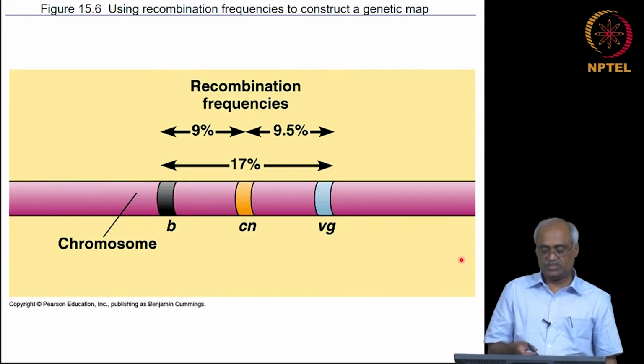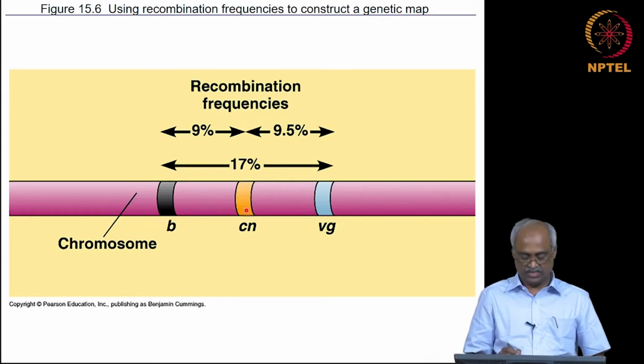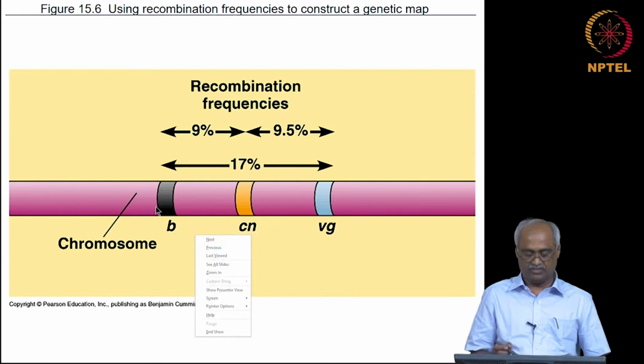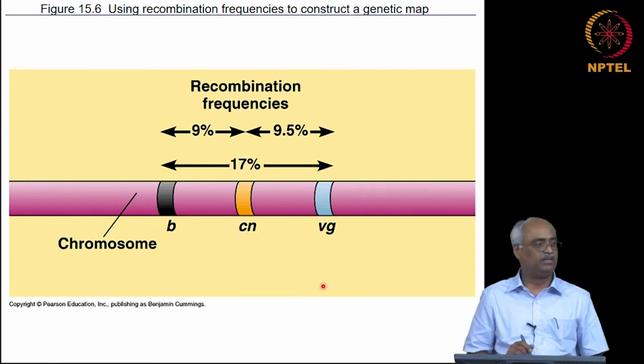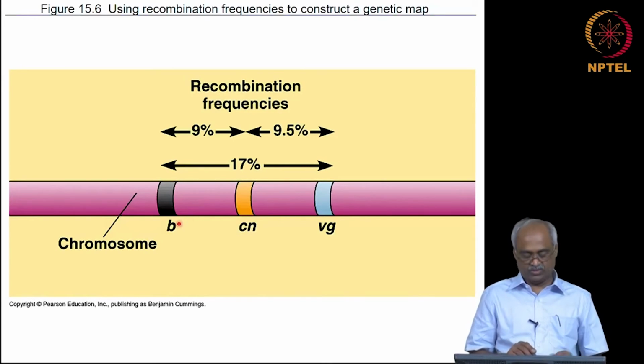So this tells you, if you take another locus here, this Cn, and do the same experiment as shown between black and vestigial, in the previous one we saw between B and Vg it is 17%.